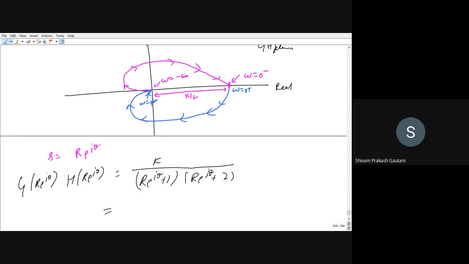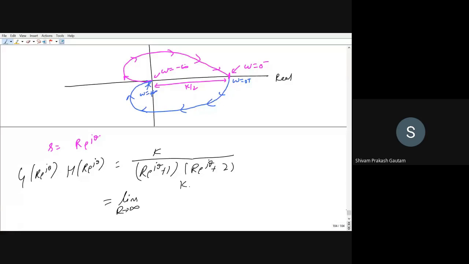You have to put limit R tends to infinity. K upon, take R e to the power j theta common from both terms. So this will be R square e to the power 2 j theta, into 1 plus 1 upon R e to the power j theta, into 1 plus 2 upon R e to the power j theta. This is what you will get.